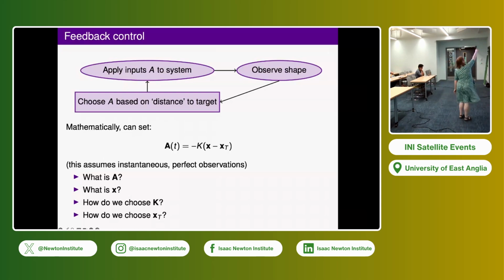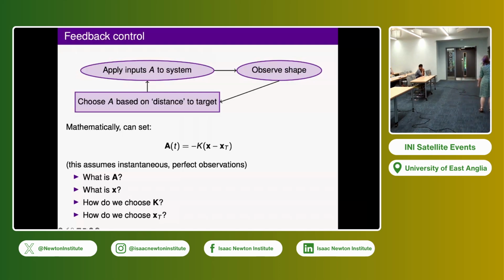So we have some inputs, and we need to choose what they are. The way we do that is we observe what the shape is, use some rule that we just make up, and how we make that up is difficult, and use that to keep applying in this continuous feedback loop. I can write this down in maths very easily.